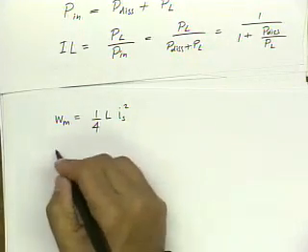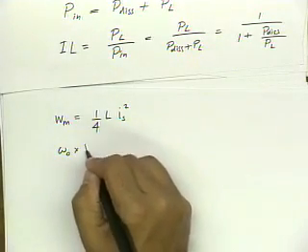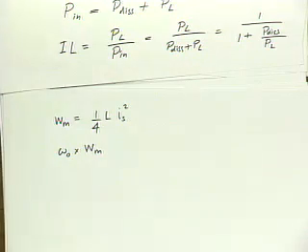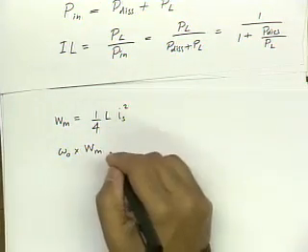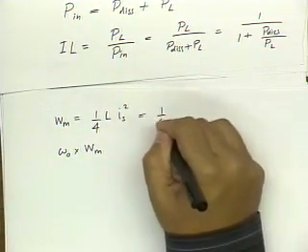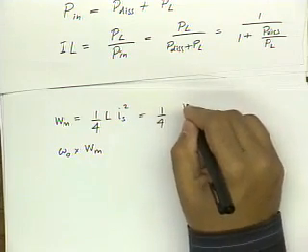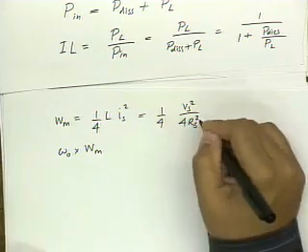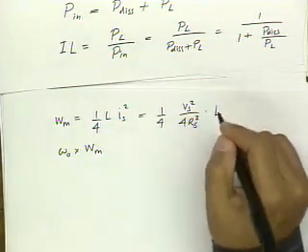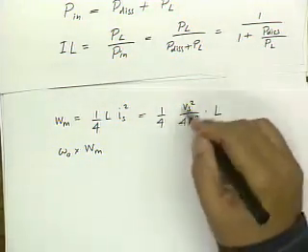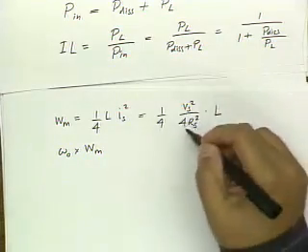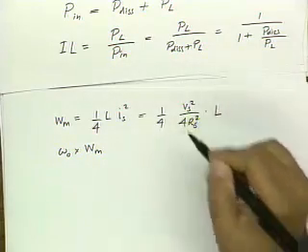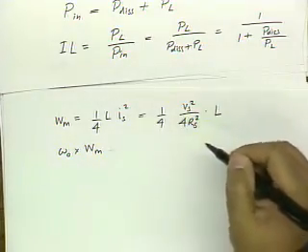Now, if I look at omega naught times omega m, let me write this as 1/4 Vs squared over 4Rs squared times L. That's because at resonance, the current that flows, this is for a series resonant circuit, is just proportional to Rs.